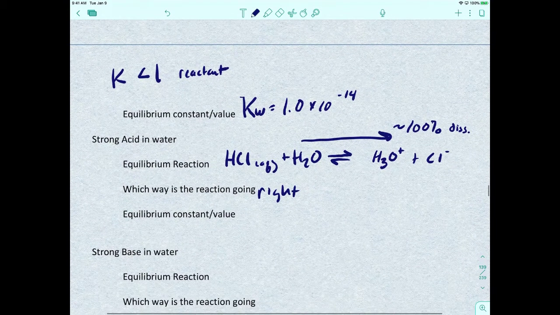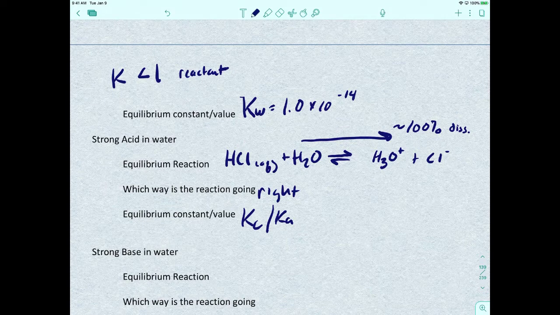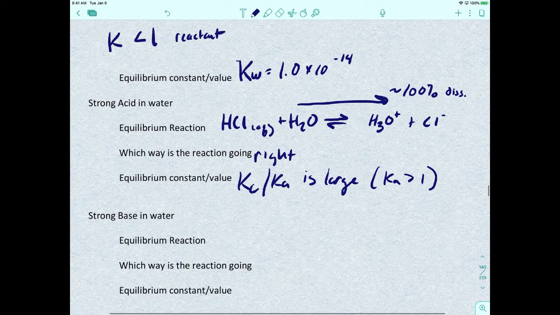The equilibrium constant, Kc or Ka, depending on which one you use, is large. Ka is definitely greater than 1, so it's for sure going to lie towards products.